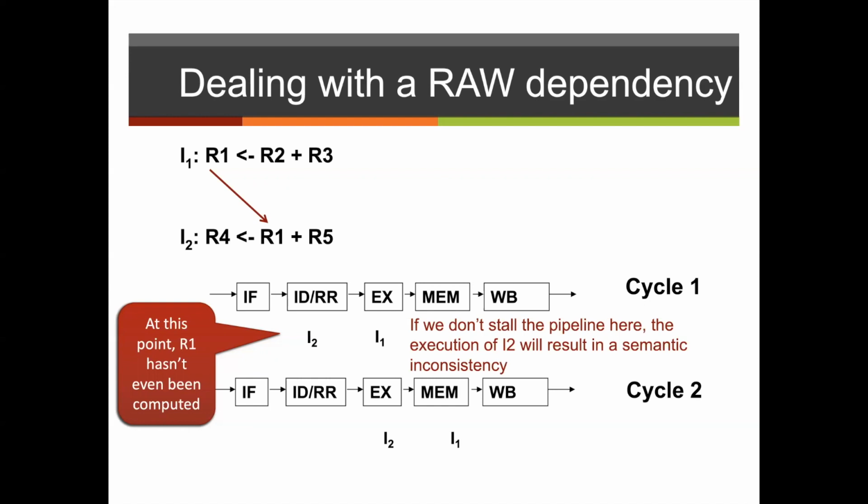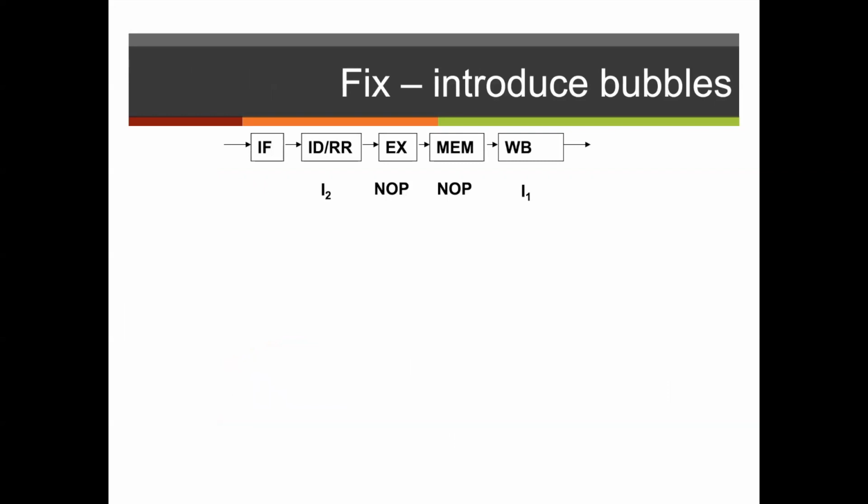So in order to mitigate this, we're going to have to stall the pipeline here so that the execution of I2 isn't inconsistent. So in order to fix this, we'll introduce our no-op instructions.